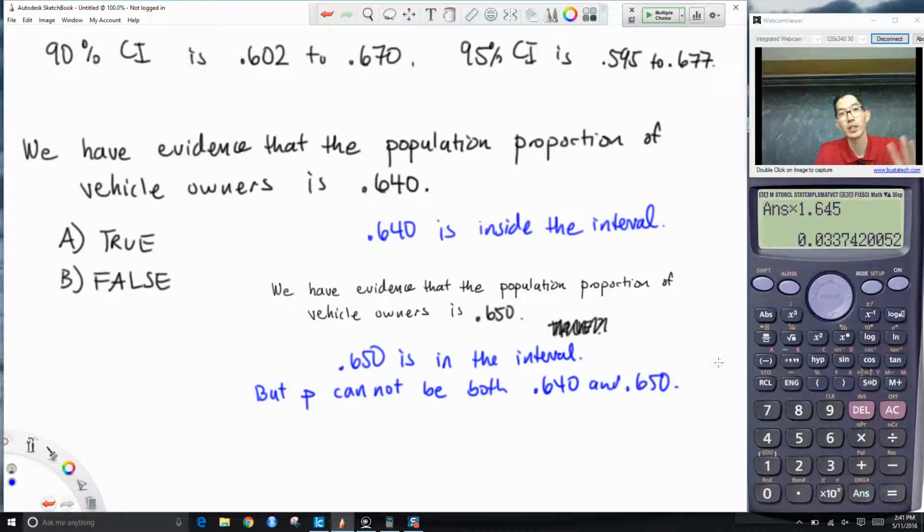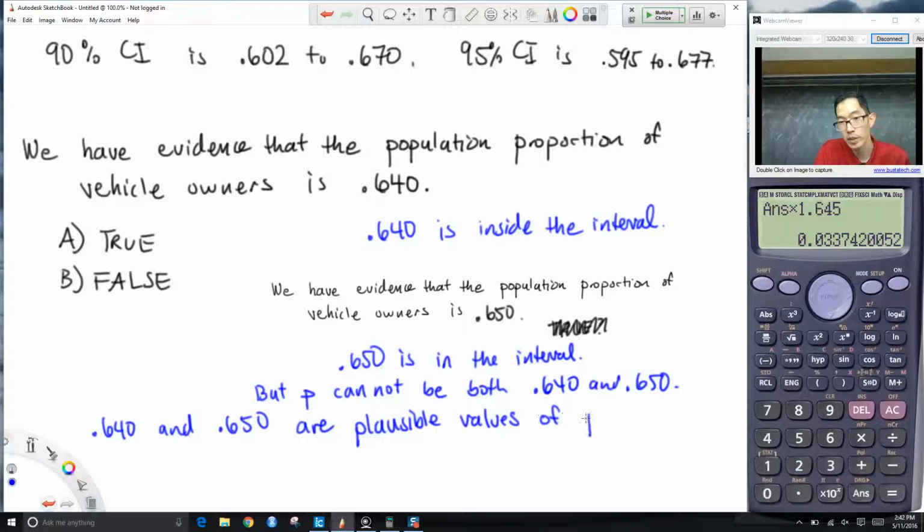That's just not possible. All we can say is that 0.640 and 0.650 and any other value inside the interval are plausible values of P. But that does not mean we have evidence that it is said value.